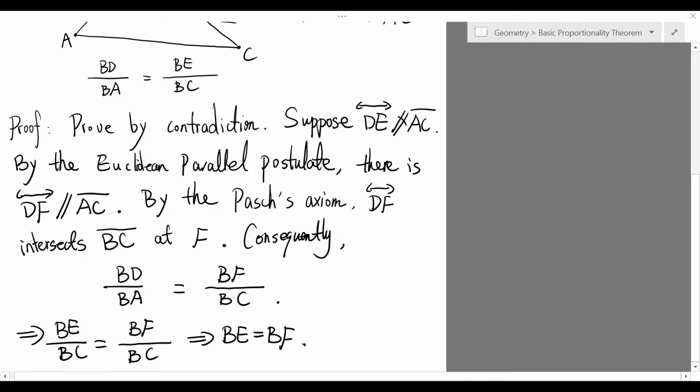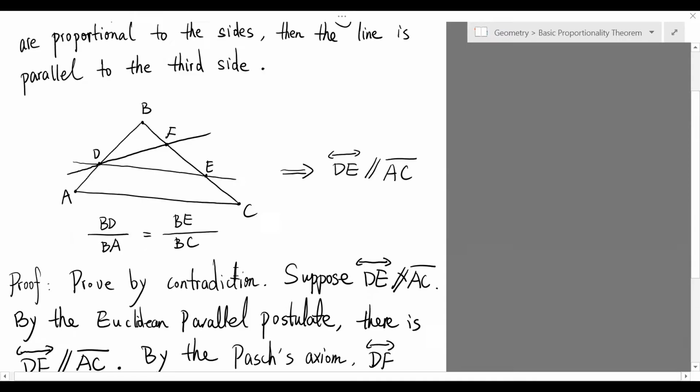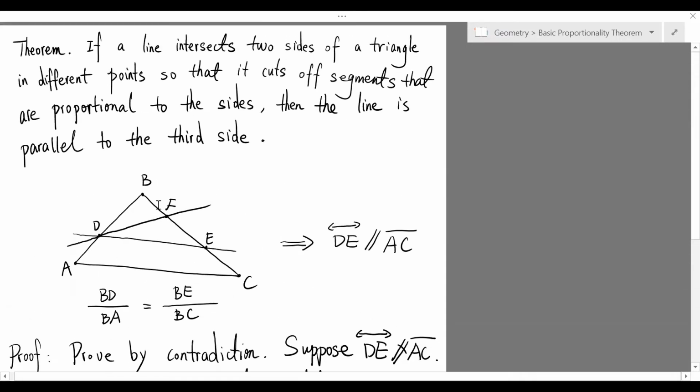However, this is a contradiction. Why? Well, because both F and E are on the ray BC. According to the ruler postulate, we only have one point on the ray BC such that the distance between B and the given point is of the given distance.